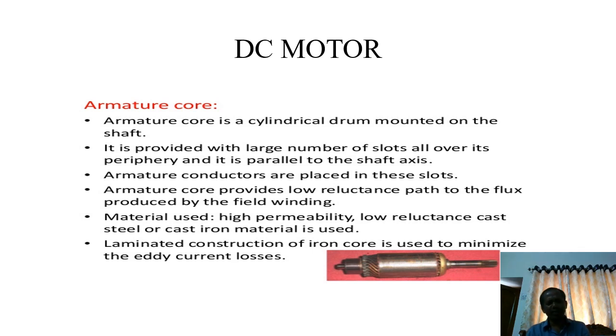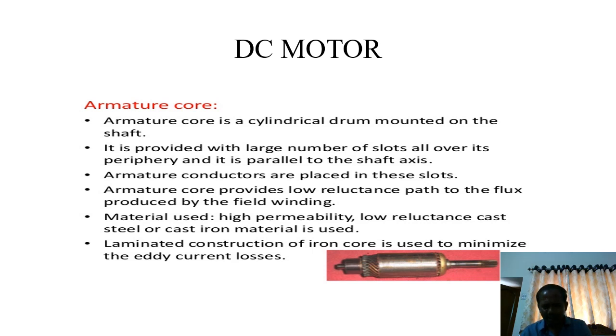Here we are going to discuss the armature core. The armature core is a cylindrical drum mounted on the shaft. It is provided with a large number of slots all over the periphery, parallel to the shaft axis.